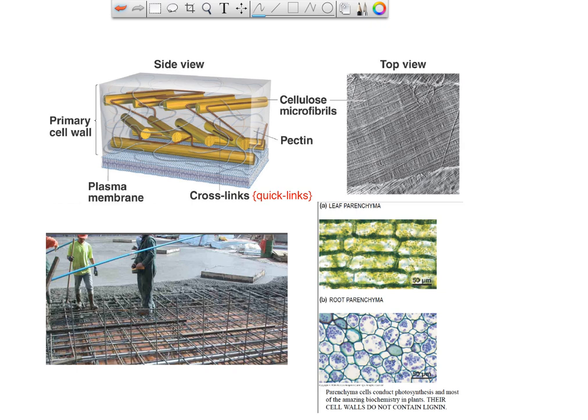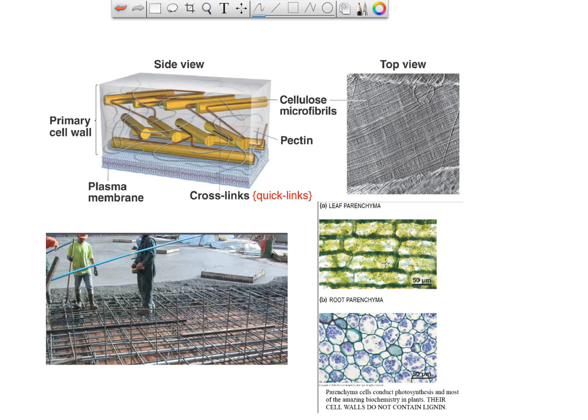A primary cell wall then has the cellulose microfibrils, has the pectin, has the hemicellulose crosslinks that tie the cellulose together, but lacks this other material, which is called lignin. There's a couple of pictures of primary cell walls.